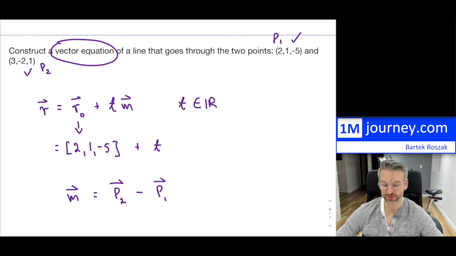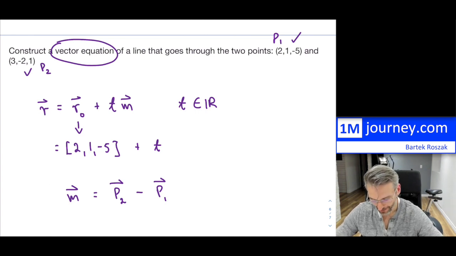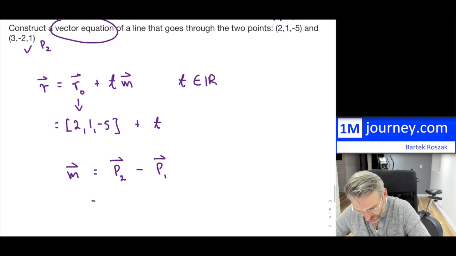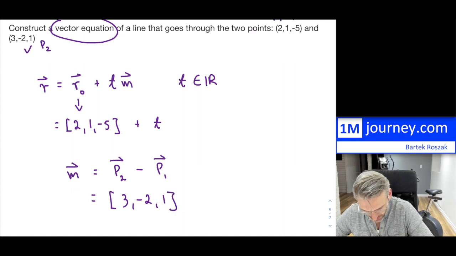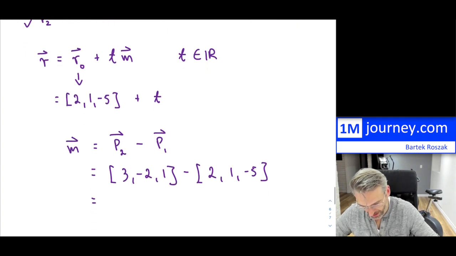That's what you saw in the 2-dimensional video as well. It's actually not that hard, because you can just construct them into vectors, and then subtract them, and you will find exactly what this parallel vector is.